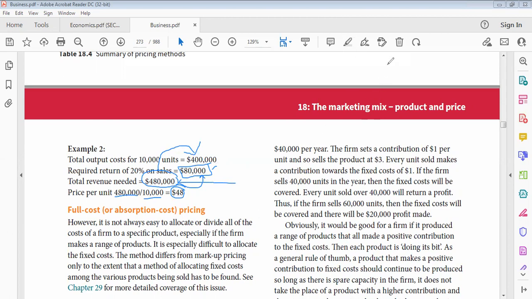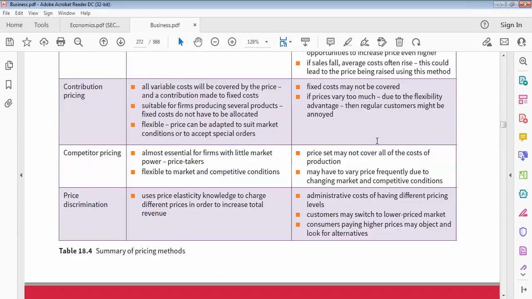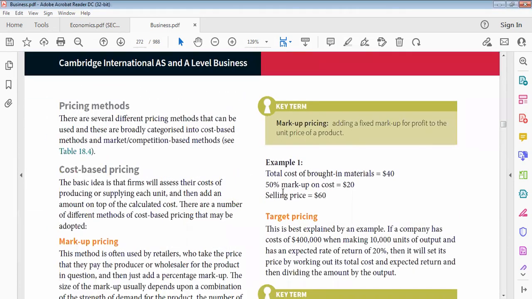So what's the difference between this and markup? When we were studying markup, it was basically per unit. We did not have to divide by units, because we already did the calculation on a per unit basis.